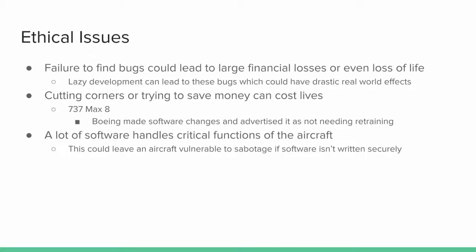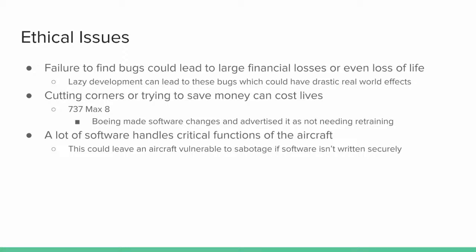Cutting corners with this kind of software could happen in order to save money, and it can cost people's lives. Take the 737 MAX 8, which a lot of people have heard about in the news. There were some software changes and additions, and Boeing stated that the pilots didn't need to be retrained. One of the theories about why the plane crashed was an issue with the software, which was trying to adjust the plane's pitch when it was taking off.